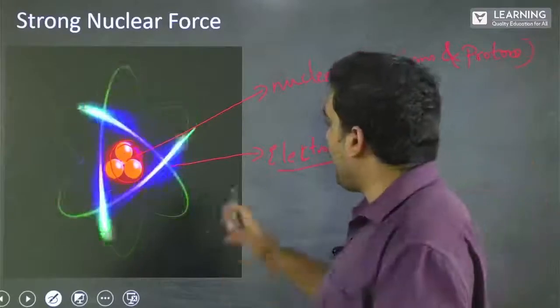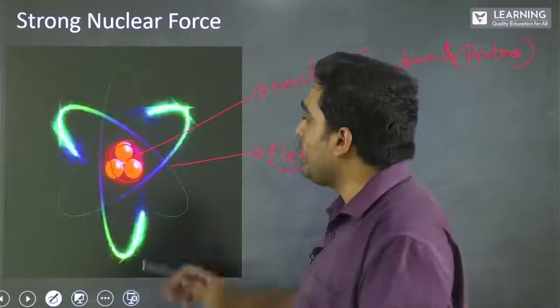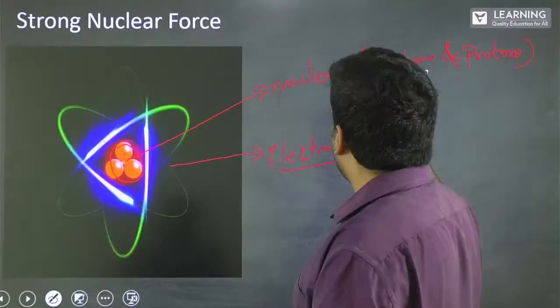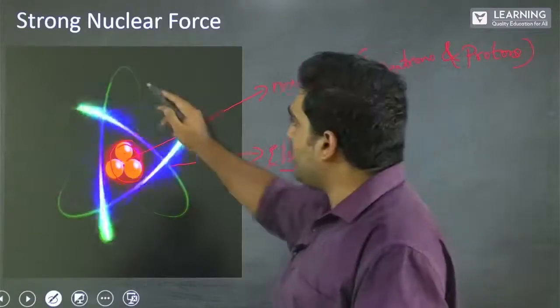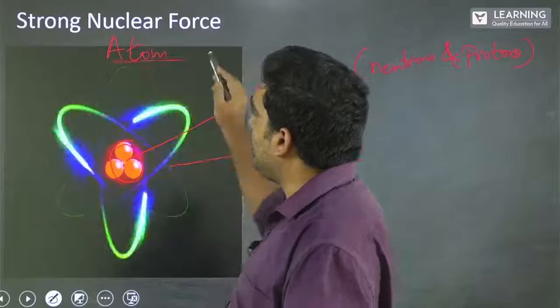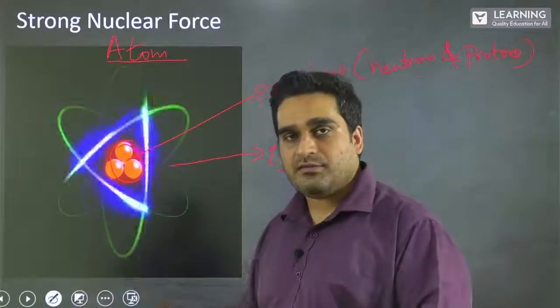You have electrons that move around in a particular orbit, and at the center you have the nucleus, which is composed of neutrons and protons. So this is a rough structure of an atom, how an atom will look.